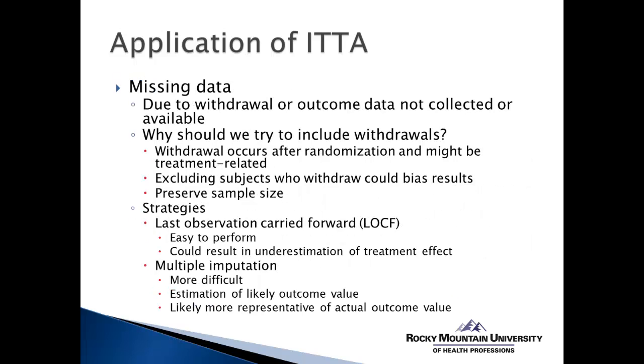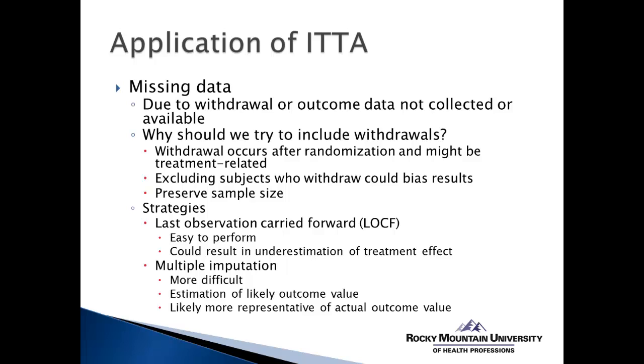Now, dealing with missing data. If we're going to do intention to treat analysis, again, and we've got missing data due to either withdrawal or some data collection issues, why should we try and include those people that have missing data? Well, again, if our goal is pragmatic, or we're very concerned about trying to preserve our sample size, then we're probably going to include those withdrawals.